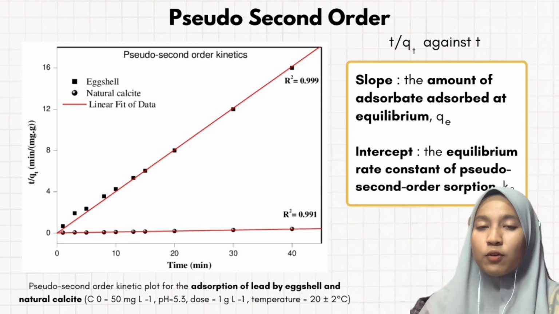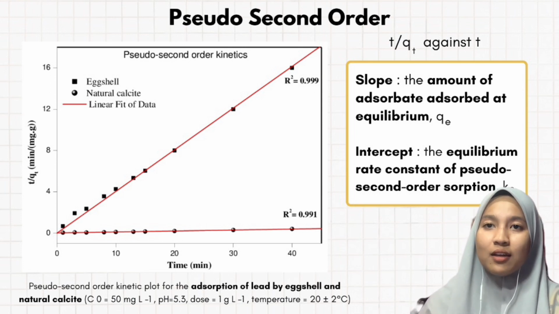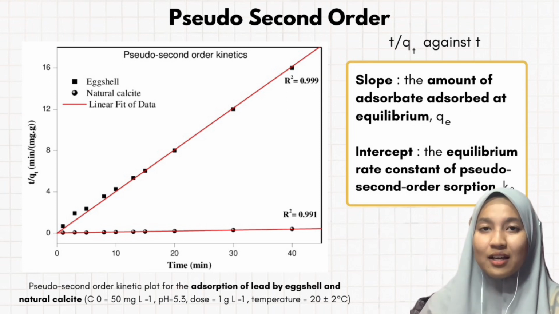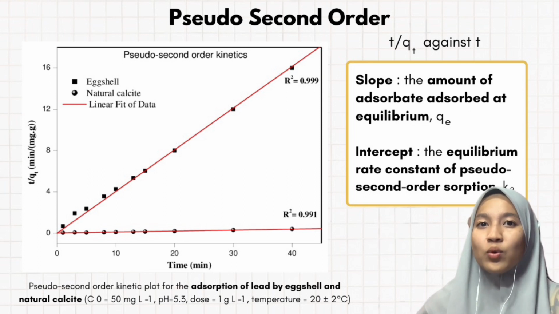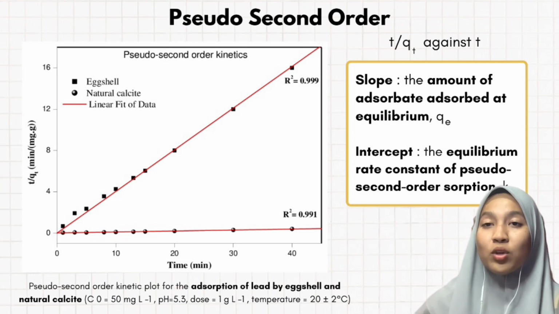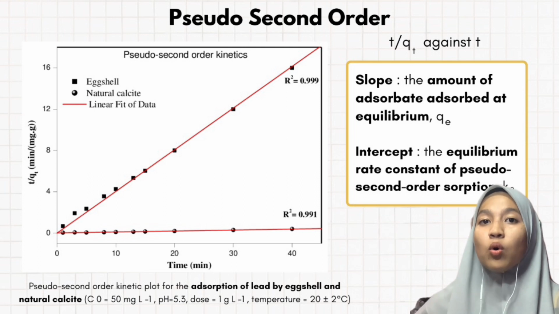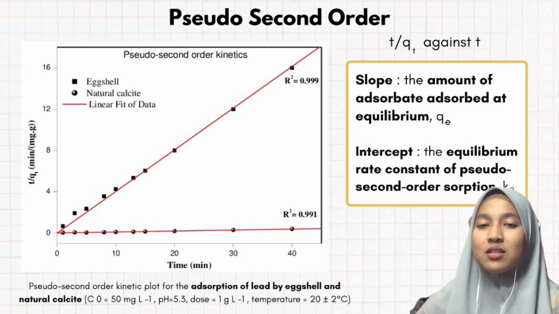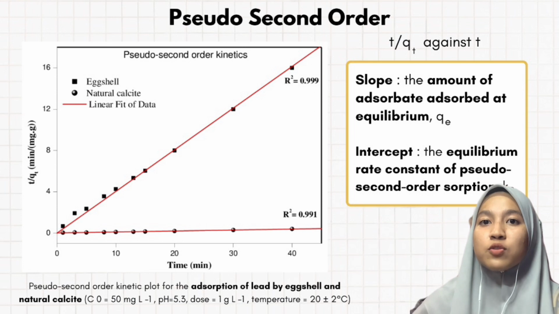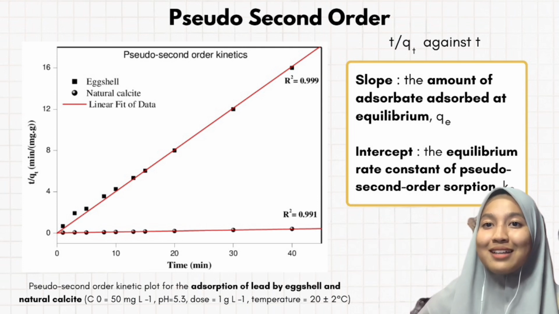As you can see from this graph, the R squared value is high, which is 0.999. Another research has proved that the removal of malachite green from aqueous media with a cyclodextrin based adsorbent followed the pseudo second order kinetic model with R squared value 0.9998. Another research has also reported that the adsorption of basic dye onto phosphoric acid acidified soybean was best described with this model, with R squared value of 0.999.